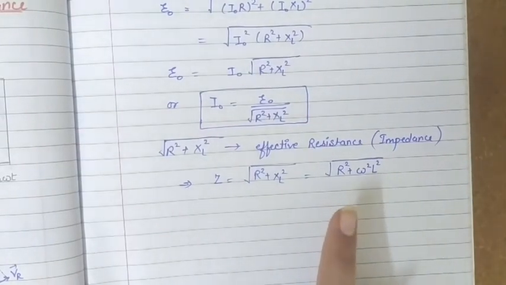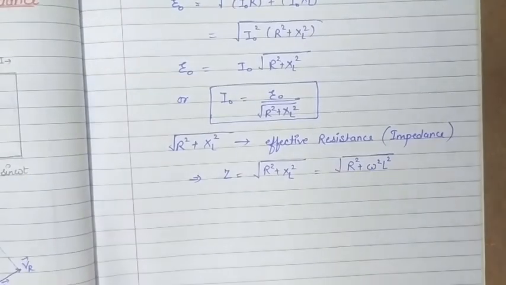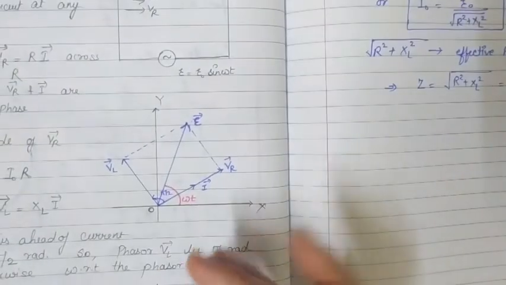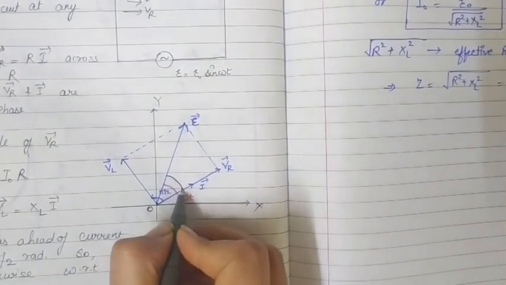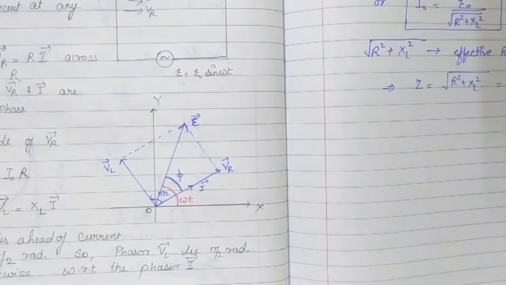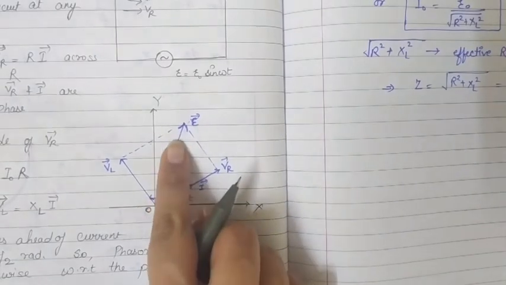Now we have found I naught and the impedance, but we still haven't found the direction of the resultant, means the direction of that resultant epsilon vector. So let's see the diagram once. This is the direction that we need, means phi, so that we can give the direction of the resultant.